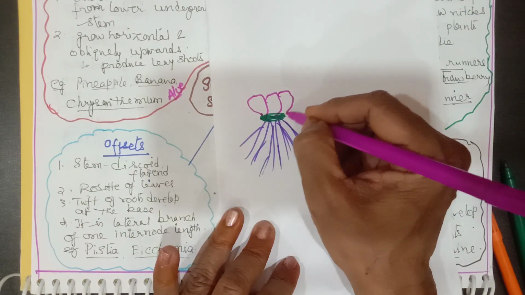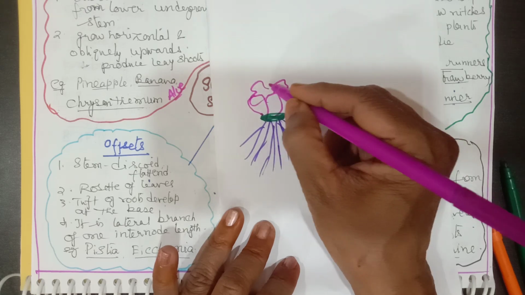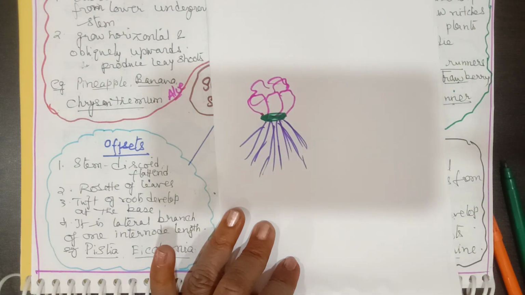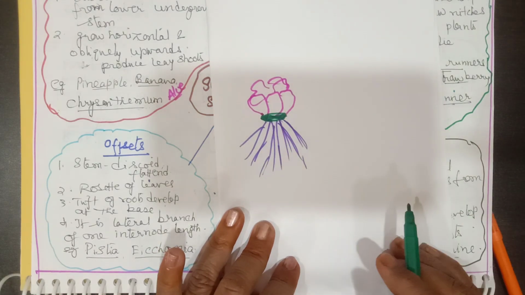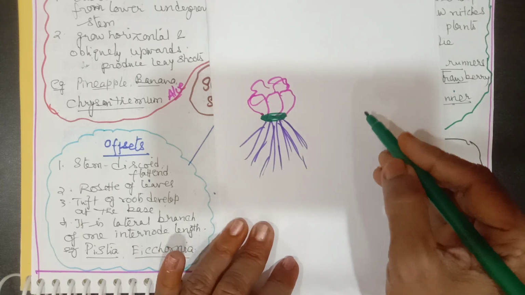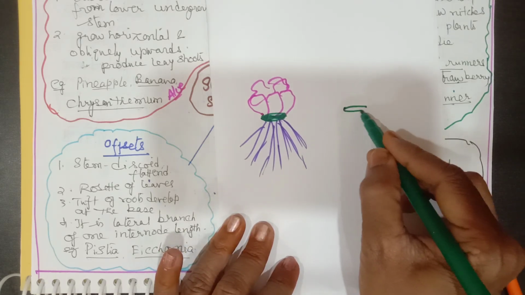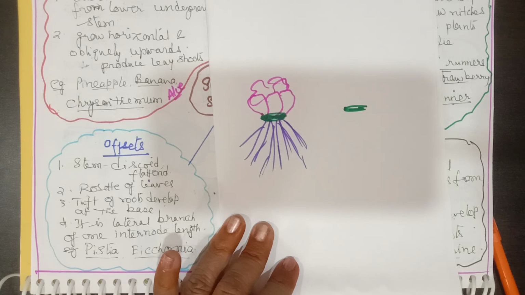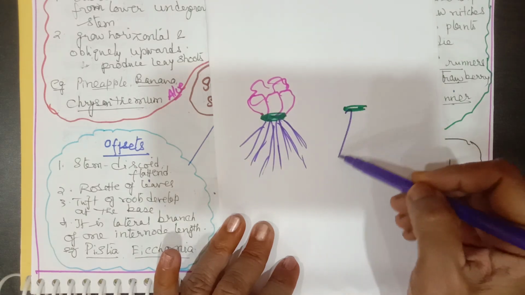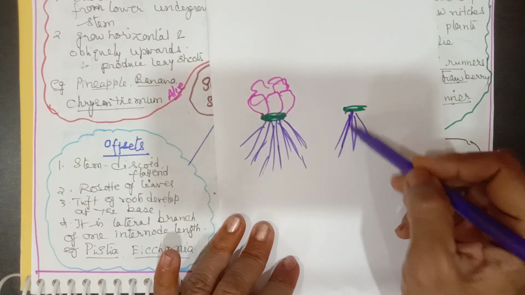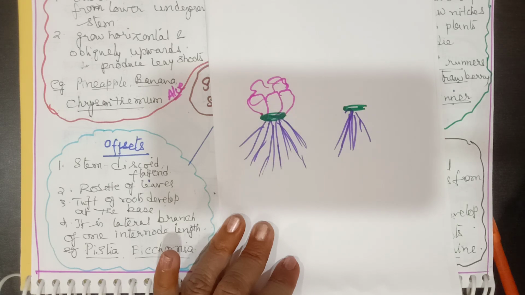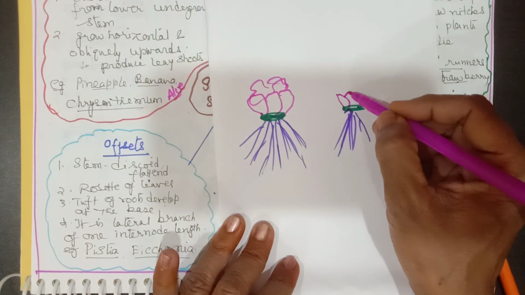Rosette means a closed, circular arrangement. The leaves appear like the petals of a rose, as a flower. Similarly, suppose there is another stem, this also will grow, develop a tuft of roots at the base, and it will also develop a rosette of leaves.